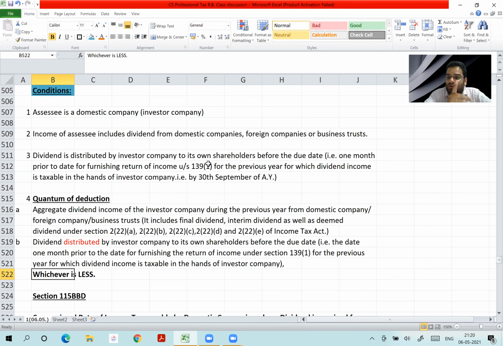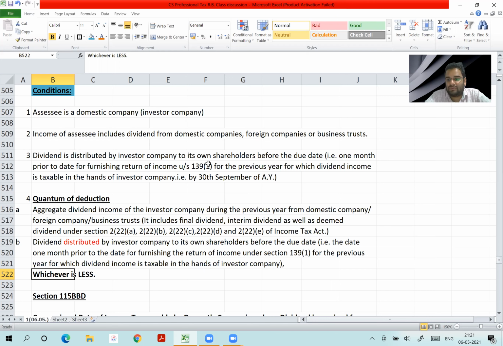I will get deduction of 40 lakhs only. So I will pay tax on 10 lakhs and you will pay tax on 40 lakhs. Got the point? Because that extra 10 lakhs which I have paid is out of my own profits. It is presumed that.